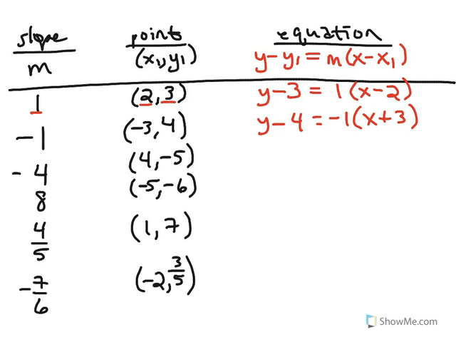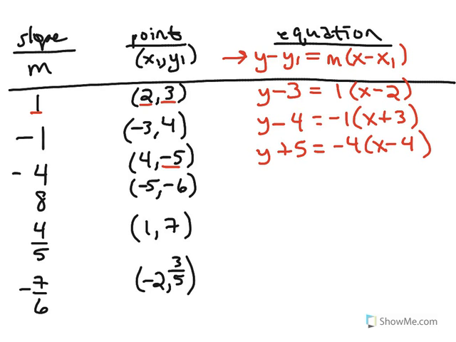You should be familiar with the formula given up here at the top. For the third example, y minus negative 5 would be y plus 5 equals negative 4 times the quantity x minus 4. Again, that plus 5 with the y comes from the fact that we're subtracting negative 5.